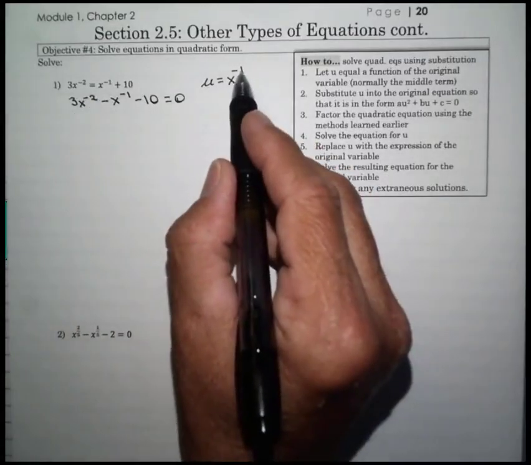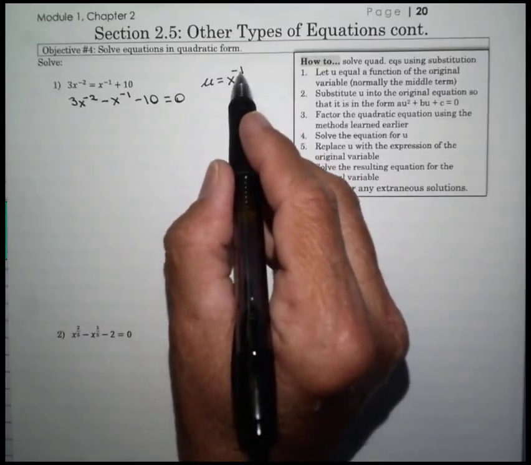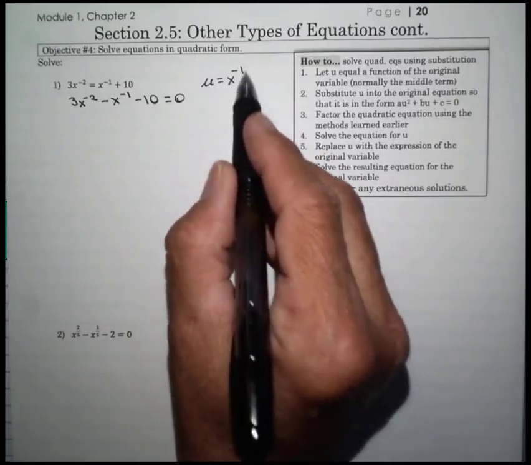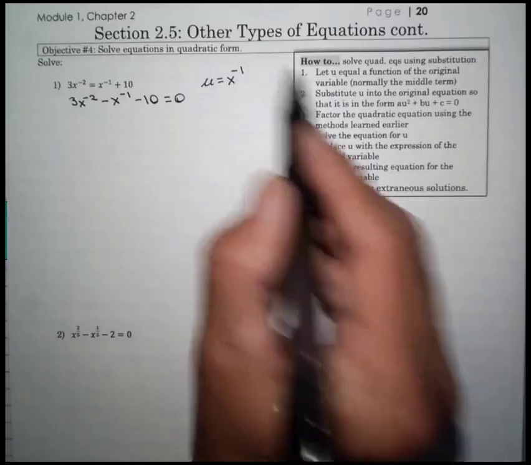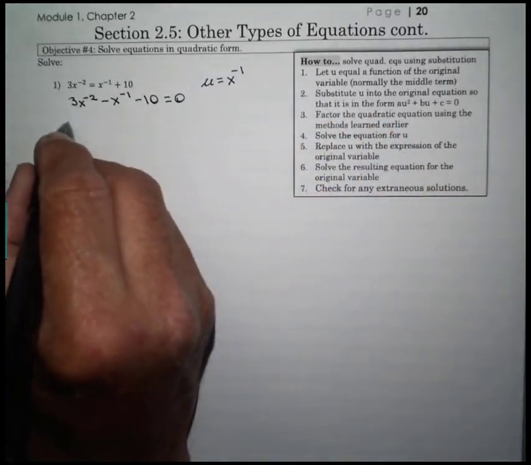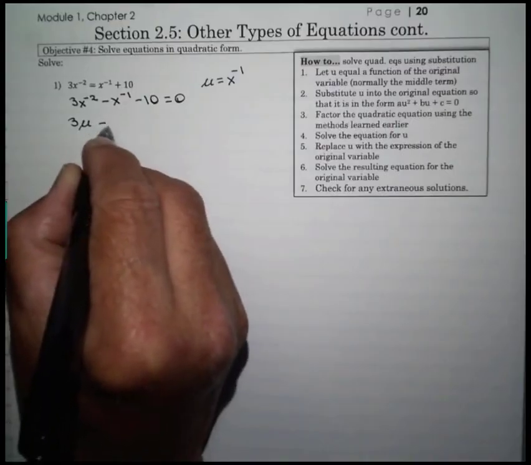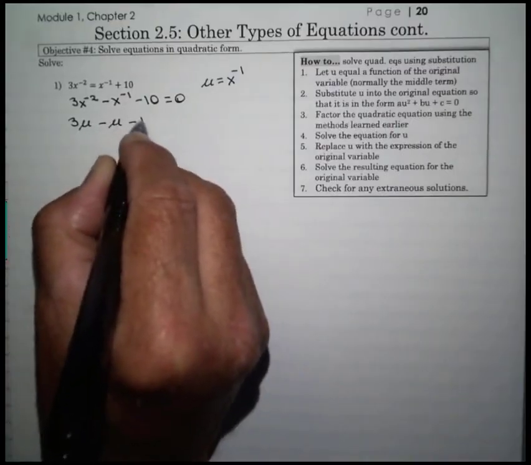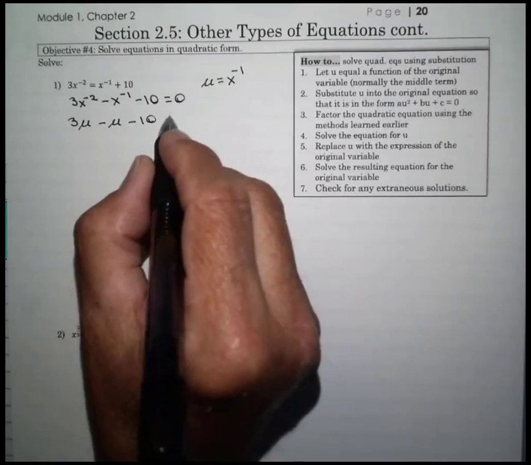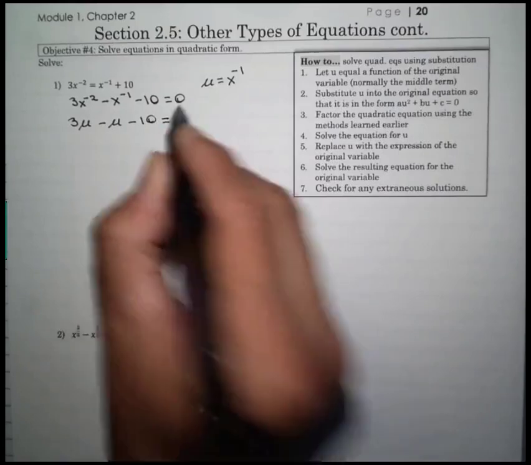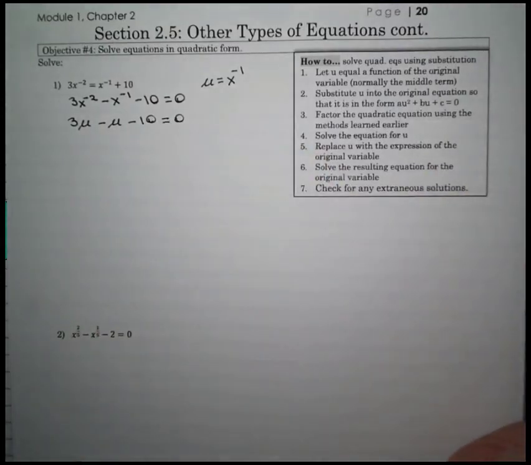Because x to the negative 1 squared is x to the negative 2, because remember, you multiply exponents when you raise an exponent to another power. So I've now got 3u squared minus u minus 10, and that's going to equal 0. And that is so much nicer to work with.